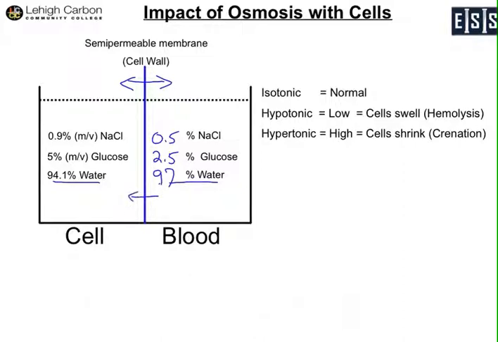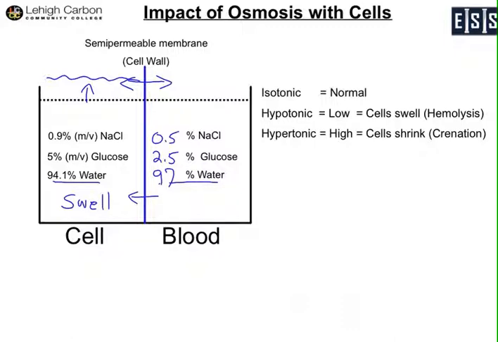Your water is going to go from right to left, from your blood into your cells, to try to equalize this to say, I don't know, 95.5 or something, to get some kind of equal level. So because water is now going to pass from your blood into your cell, it's going to gain water, which means it's going to swell.